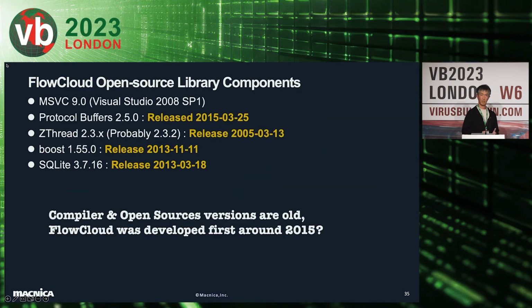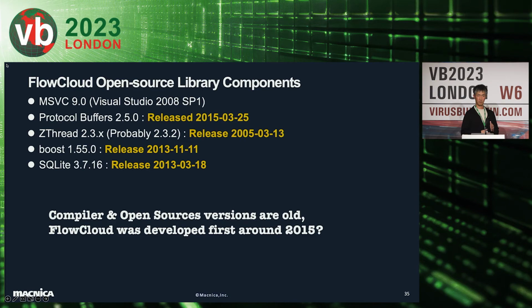And again, I paid attention to the open source libraries. In this case, I paid attention to the release dates of the open source libraries. The compiler, MSVC, is a kind of old, and the protocol buffer release date is about 2015, and ZThread 2.3.2 was released about 2005, and the Boost and SQLite versions were released around 2013.